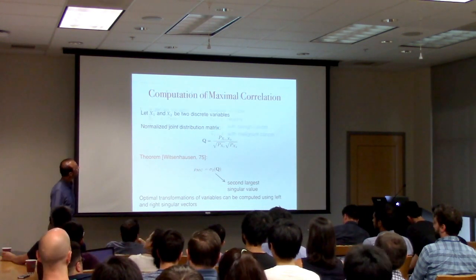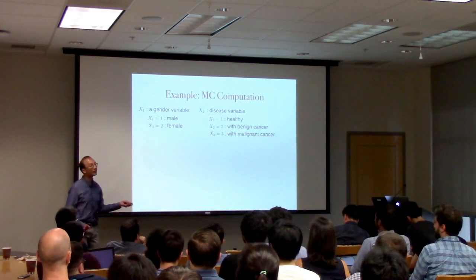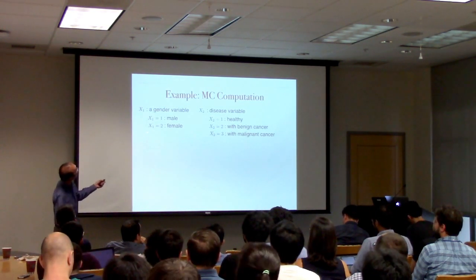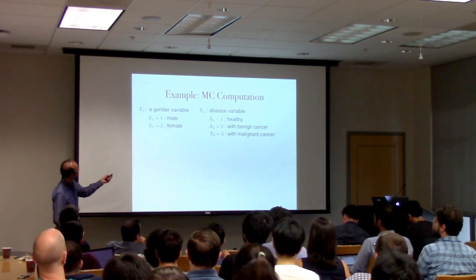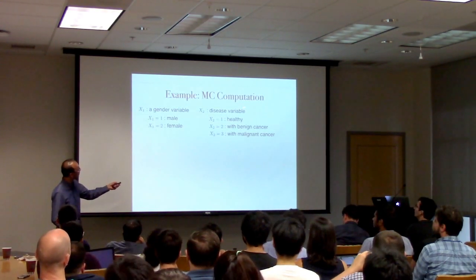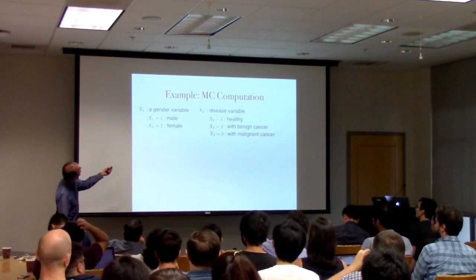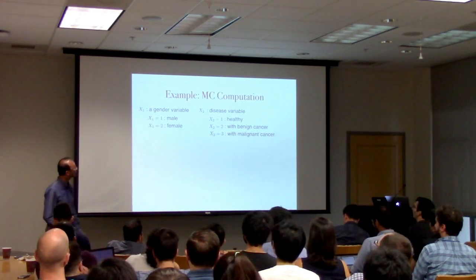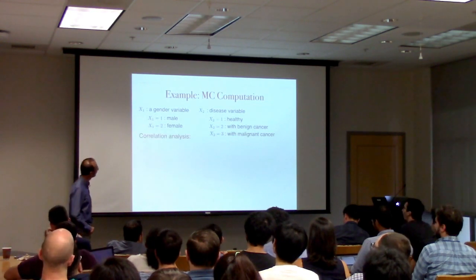All right. Just to give an example, since it's a semi-tutorial: here we have 2 random variables. Say x1 is a gender variable, and x2 is a disease variable. 1 and 2 correspond to male and female; 1, 2, 3 correspond to healthy, benign cancer, malignant cancer.